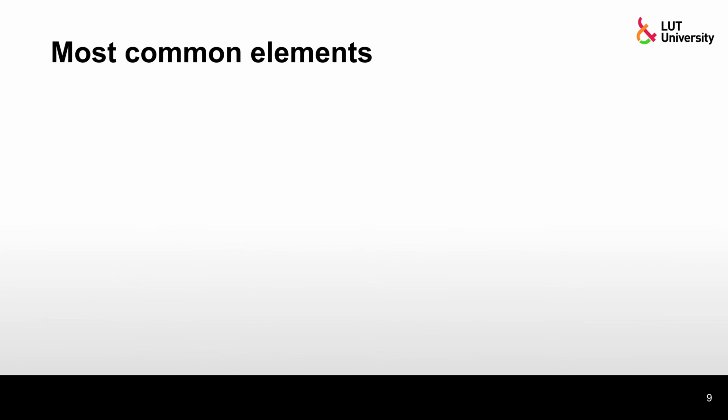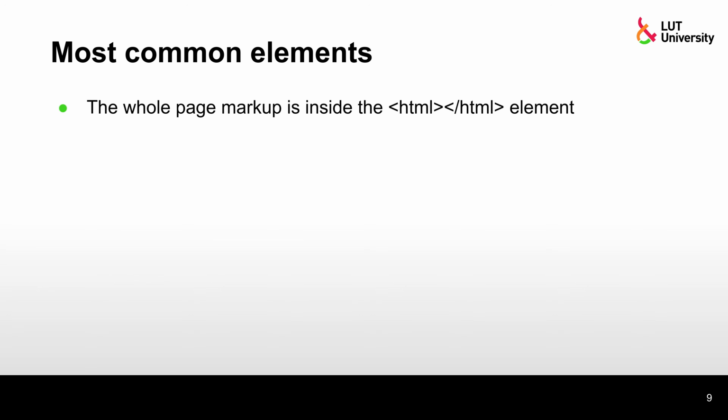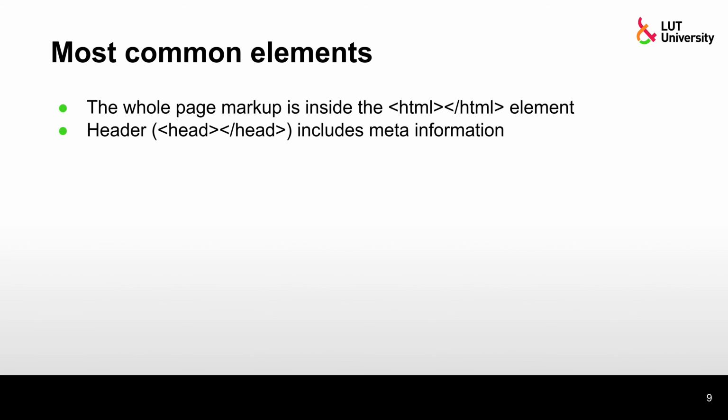And then let's see what the most common elements are in the web page. The whole page markup is inside the HTML element. So it means that the page is inside these tags. Then we have the header inside the head tags. And this basically includes meta information.